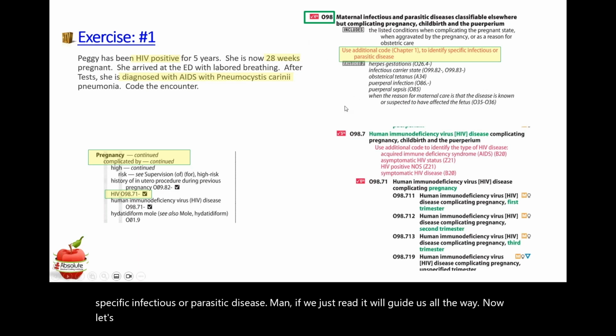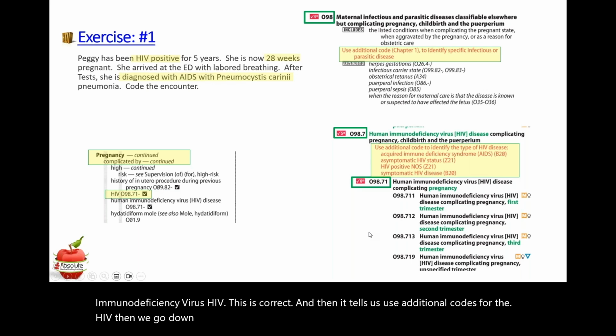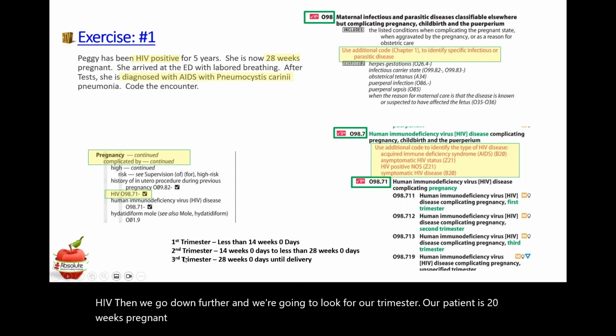Now let's keep going down the path until we get to our subcategory O98.7, human immunodeficiency virus, HIV. This is correct. It tells us to use additional codes for the HIV. Then we go down further and look for our trimester. Our patient is 28 weeks pregnant, which is the third trimester.